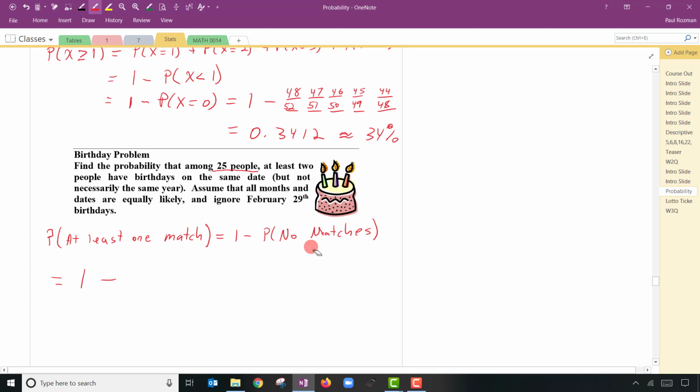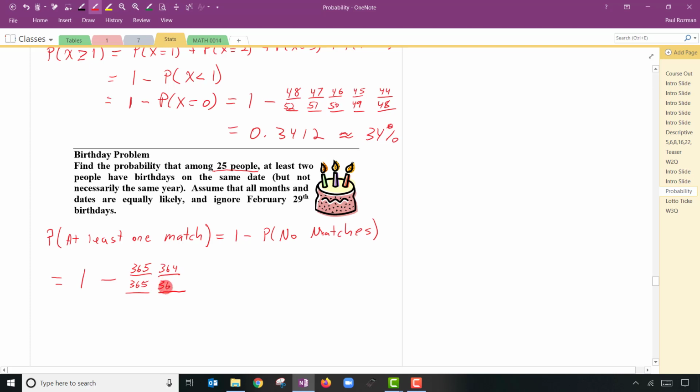Suppose I go first. I get to have any birthday I want. I haven't matched anyone. So there's a 365 out of 365 chance I haven't matched anyone. So that's person one. Then we have person number two. Their only rule is they can't match person one. Well, there are 364 birthdays that they get to pick from because one has been used up by me.